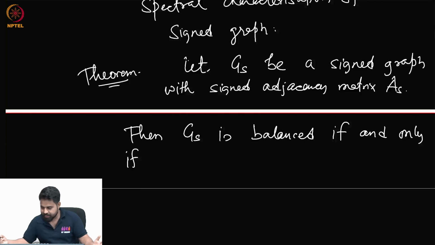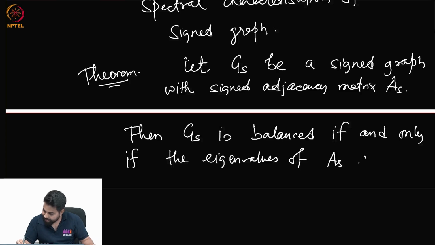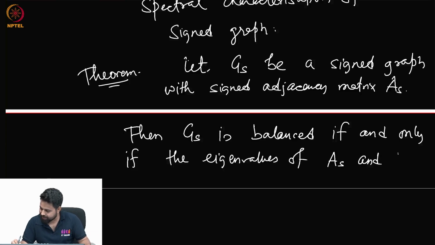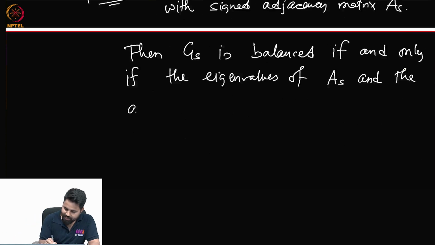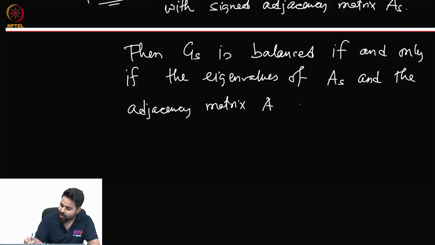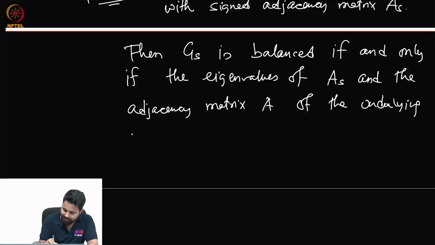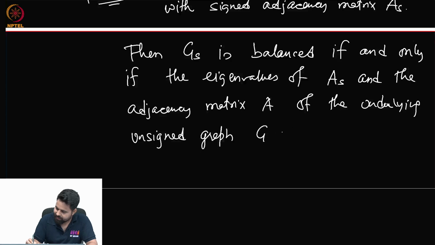Whenever this statement holds, if and only if the eigenvalues of AS, the signed adjacency matrix, and the adjacency matrix A of the underlying unsigned graph G are the same.